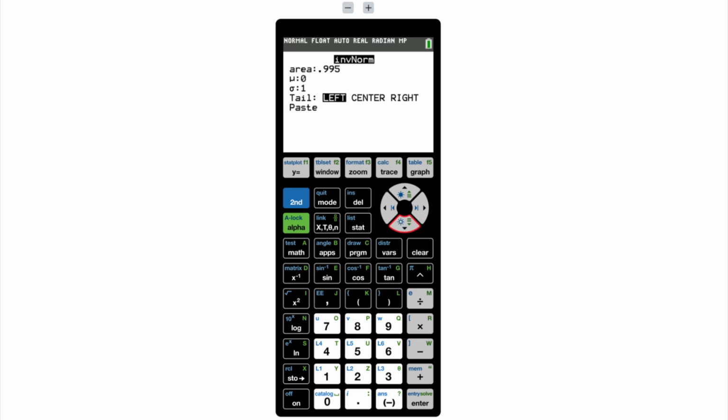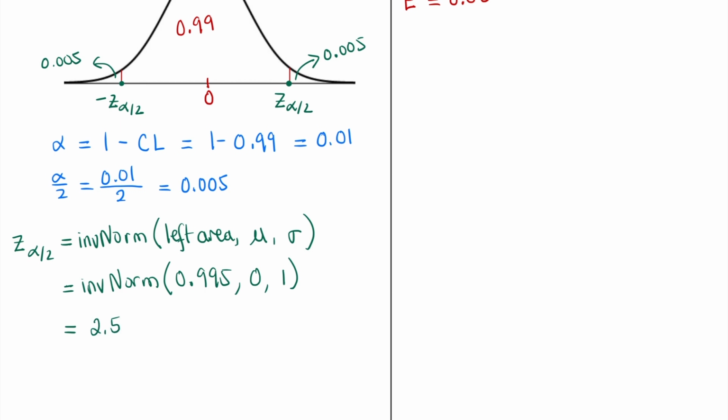Highlight paste and press enter. Press enter again. This is our answer. And we get 2.5758293. And we normally round the critical value to 2 decimal places. So we get 2.58.